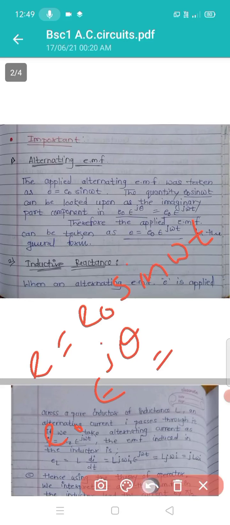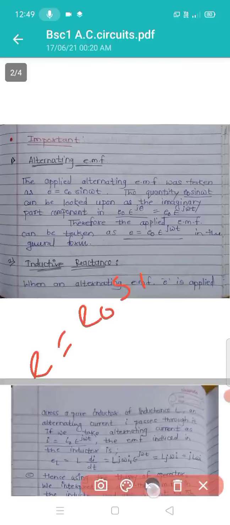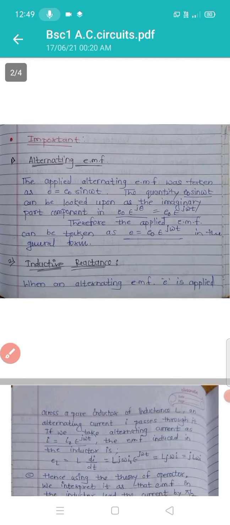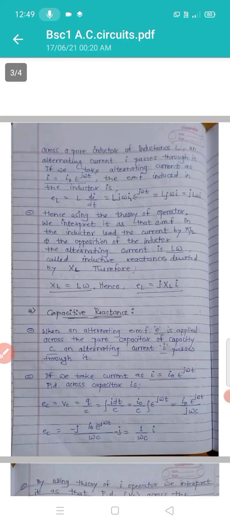We have to learn that when an alternating EMF is applied across a pure inductor L, an alternating current I passes through it.